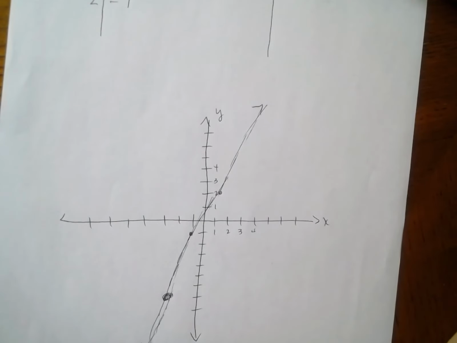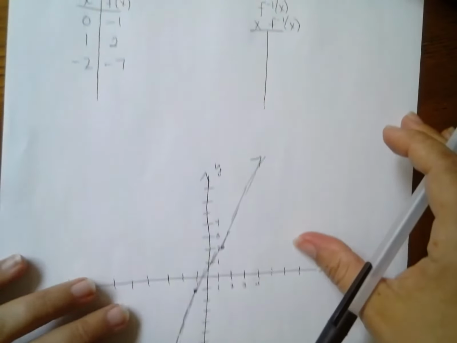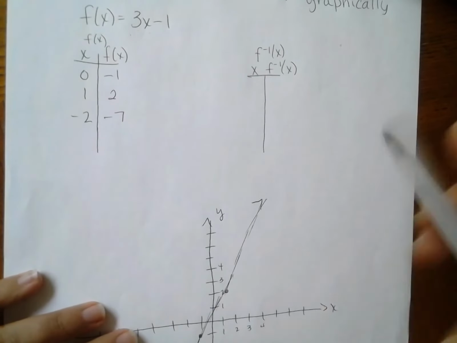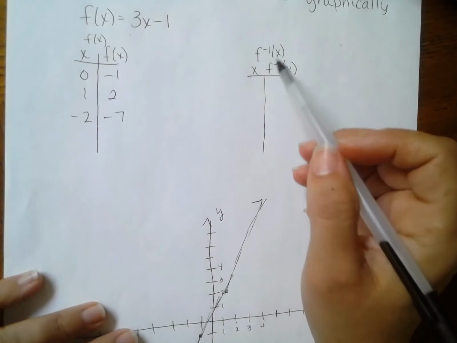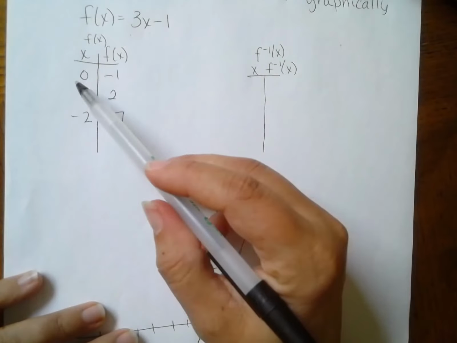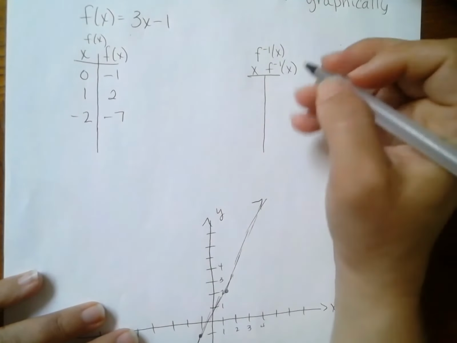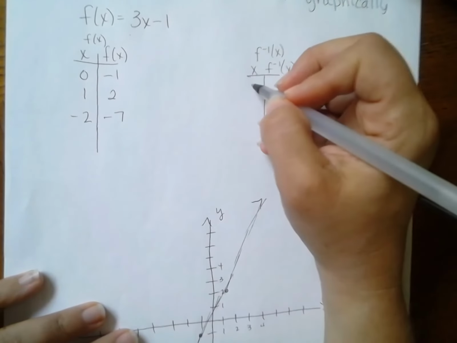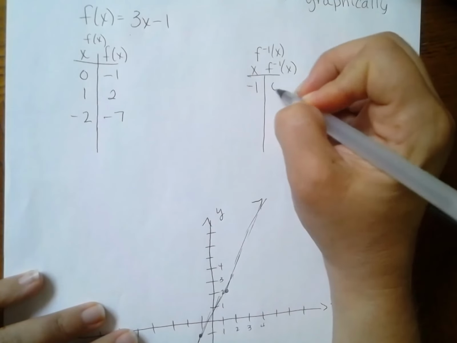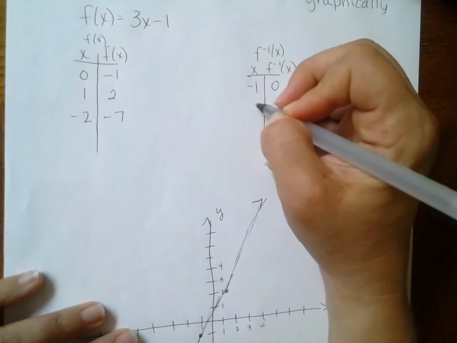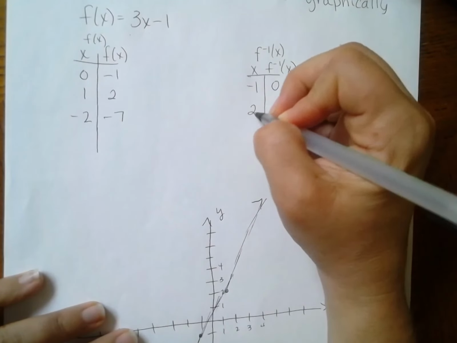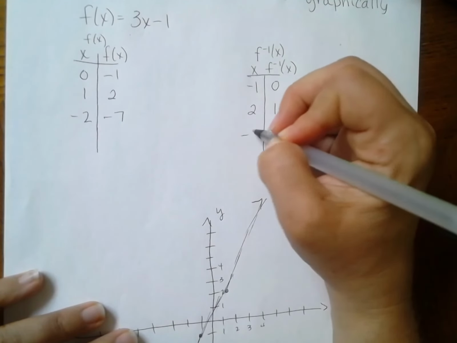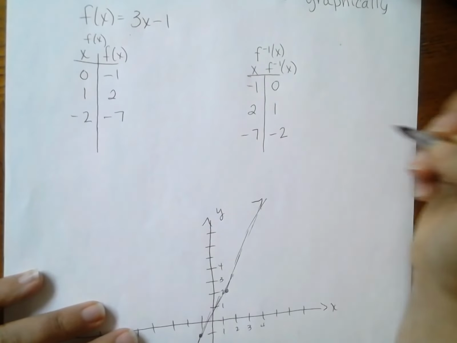So f inverse basically changes my x and my y. So I'm just going to write these as flipped. Here my x would be negative 1, my y would be 0. Here I'm going to plug in 2 and get out 1. Here I'm going to plug in negative 7 and get out negative 2.